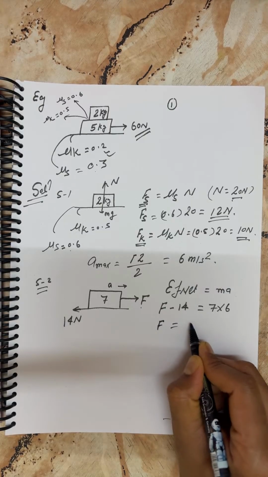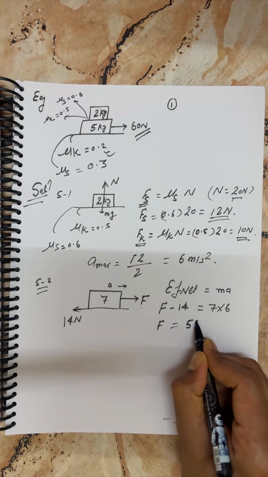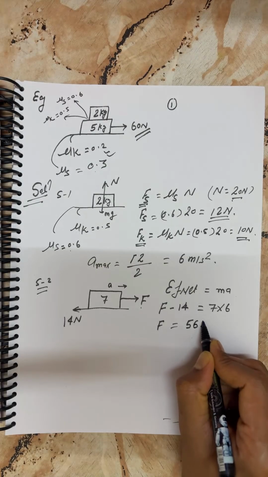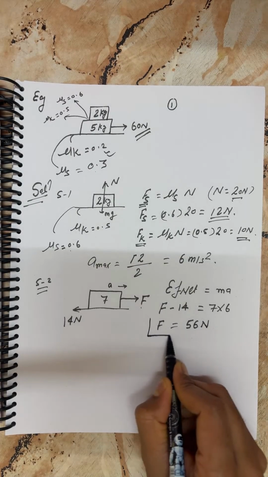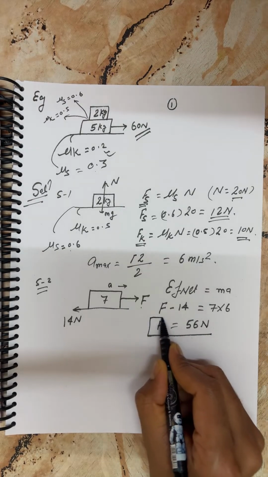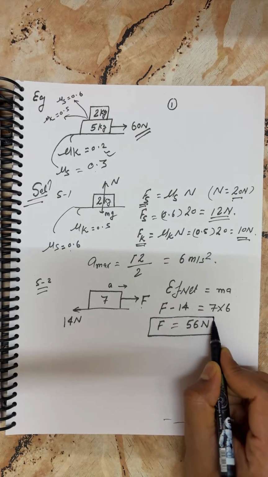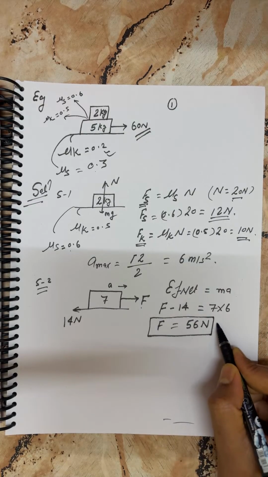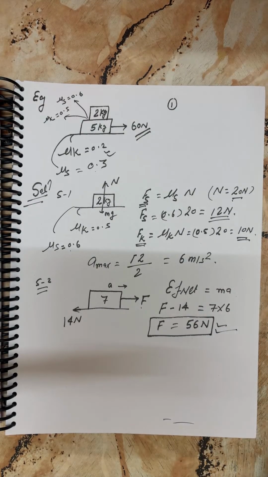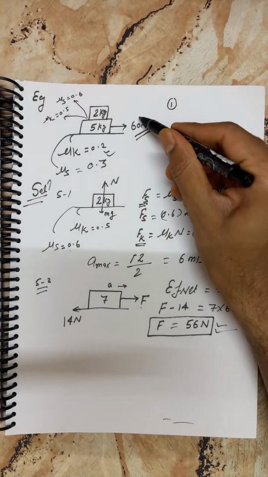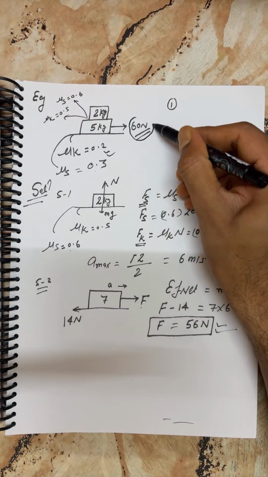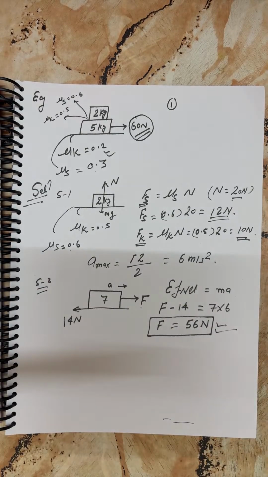So F equals 56 Newton. My dear, the system will move together up to 56 Newton. But here the applied force is 60 Newton, which means for sure the system will detach. Right? Okay.